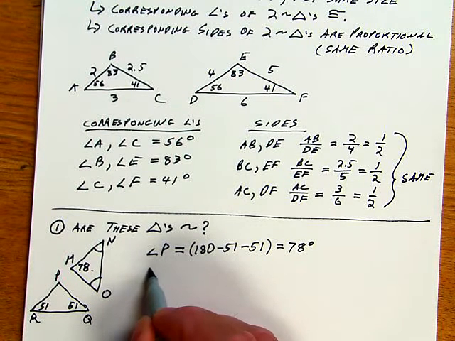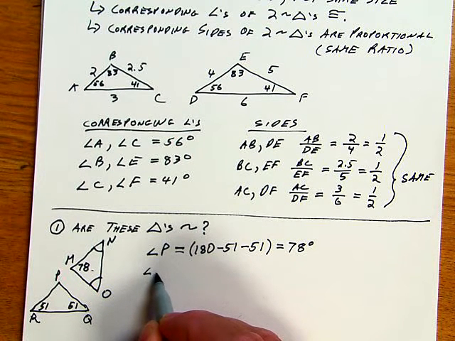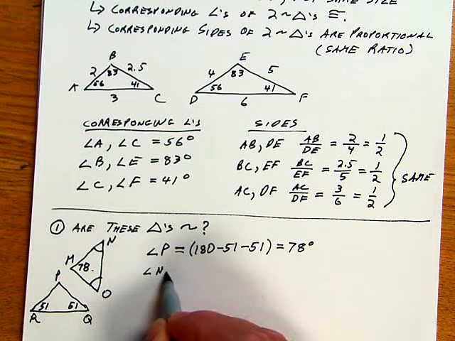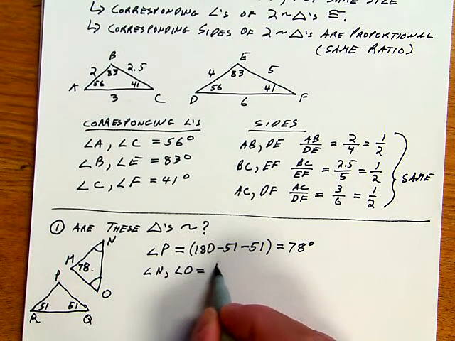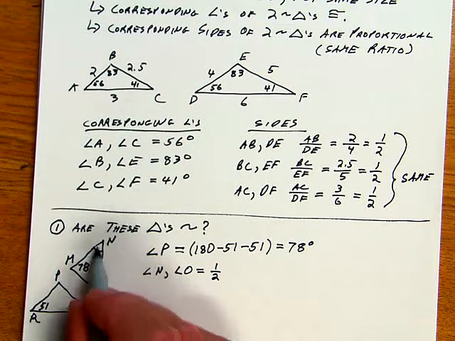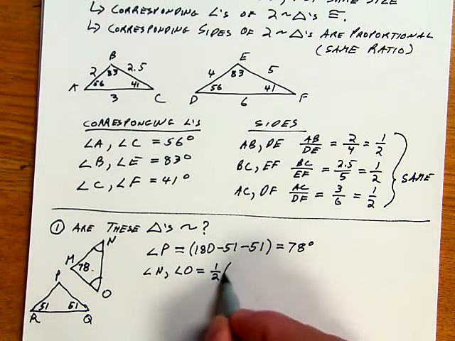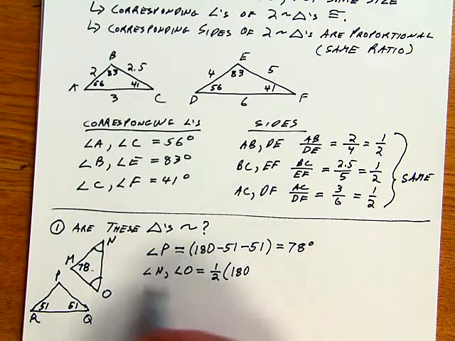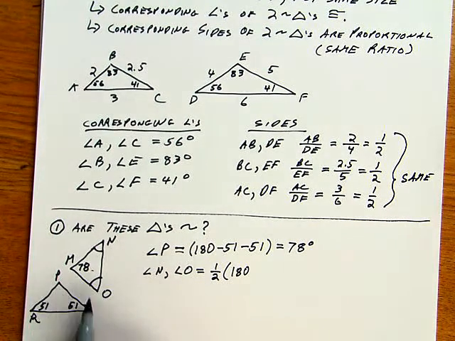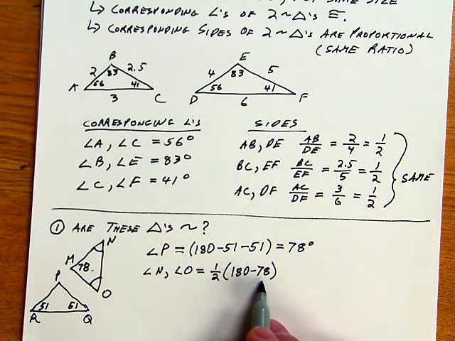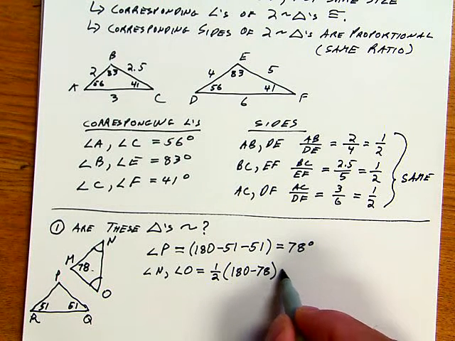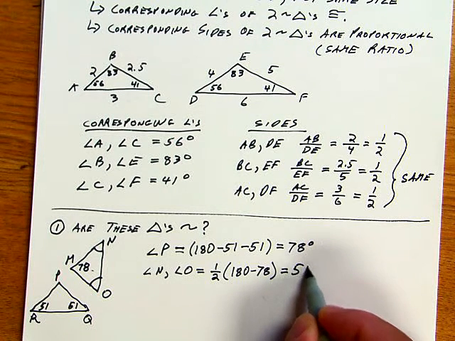Well, angle N and angle O are both equal to 1/2, because they're the same, of 180, the full triangle, minus the 78. 180 minus 78 is 102. 102 divided by 2 is equal to 51.